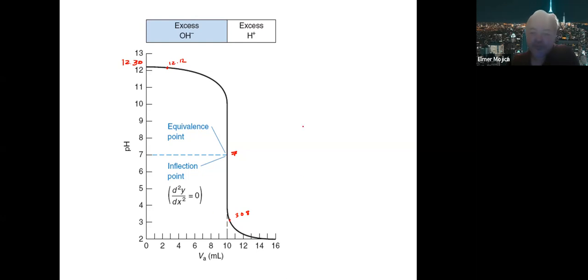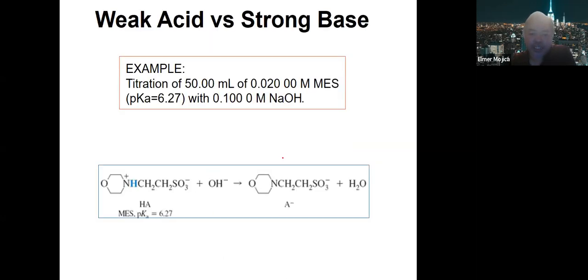Okay. Now let's go to the more challenging one. What happens if you have a weak acid and a strong base? Just like the case of this 50 ml of 0.02 molar of MES, that's an acid, that has a pKa of 6.27, with 0.1 molar of NaOH.